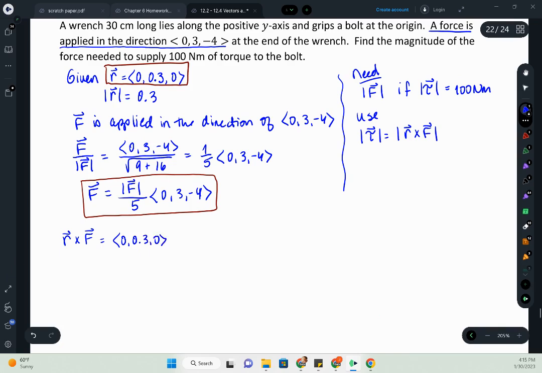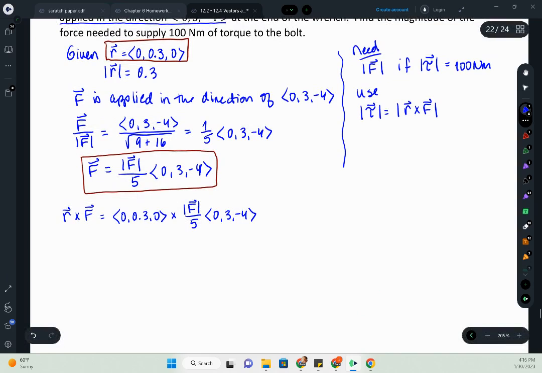That's my R, crossed with the magnitude of F over 5 times the vector 0, 3, negative 4. Now we learned some properties about scalar multipliers, and they say that we should be able to pull that scalar multiplier out to the front and then deal with our cross product inside so that we're not carrying around too much in our vectors. It just makes things a little bit cleaner.